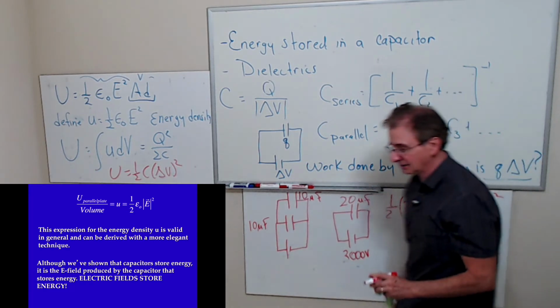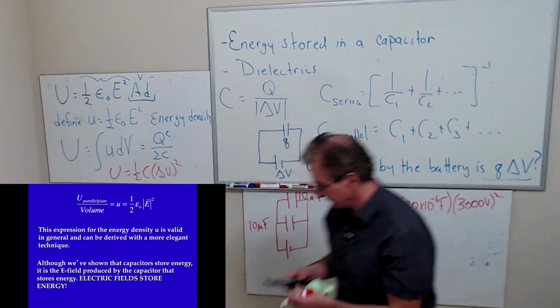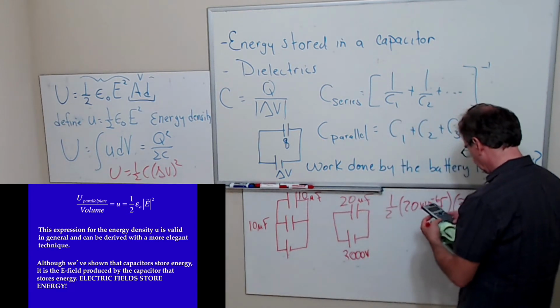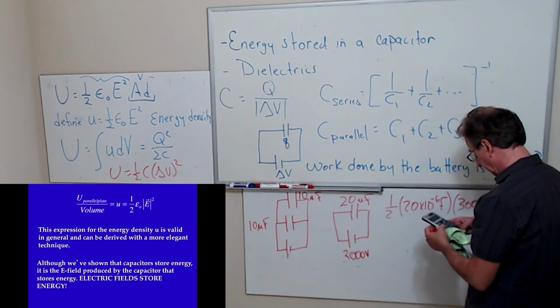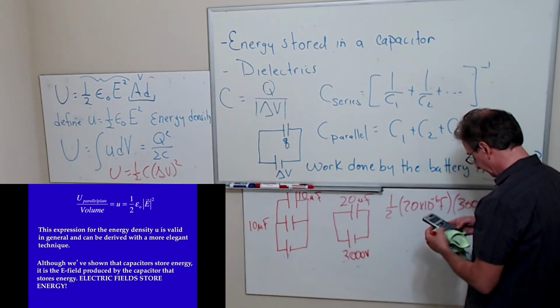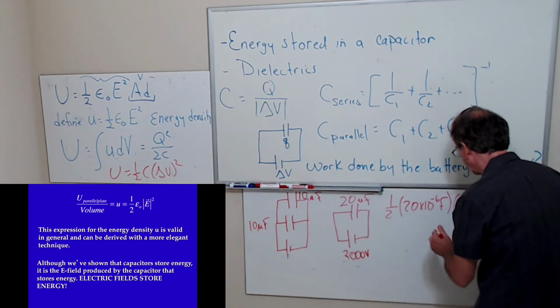Okay, so let's calculate what that comes out to be. 3,000 squared times 20 microfarads, times one half. It's about 90 joules.